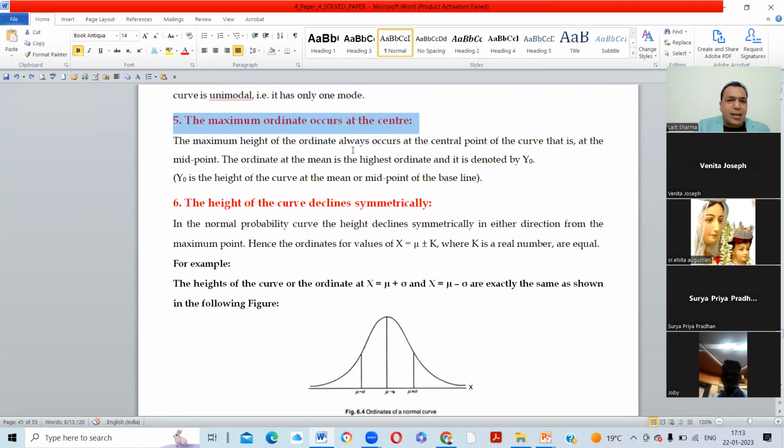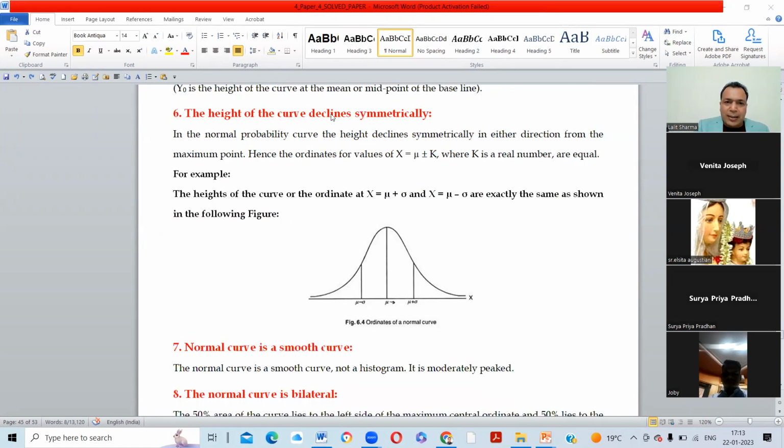The maximum ordinate occurs at the center. Naturally, mean, median, mode, or maximum persons occur at the center. In simple terms, maximum students of your class got the average marks. That means maximum students fall on the same point, the average point. The height of the curve declines symmetrically.